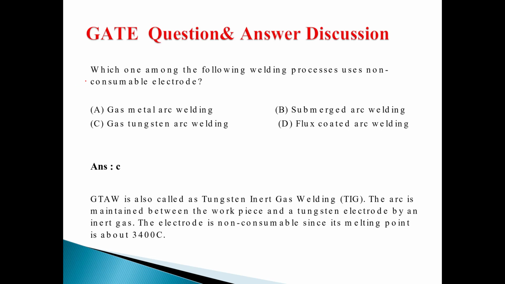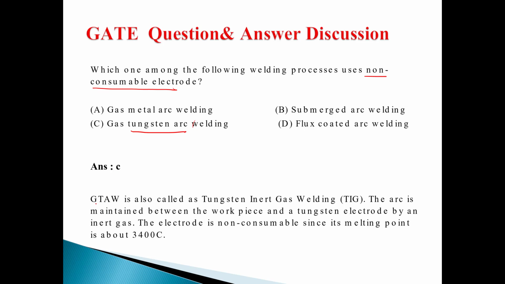Next question is, which one among the following welding processes uses a non-consumable electrode? Non-consumable electrode is tungsten arc welding only, because its melting point is high. We have two types of electrode, consumable and non-consumable. Tungsten arc welding comes under non-consumable electrode.